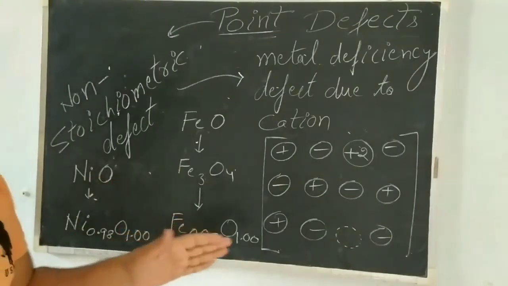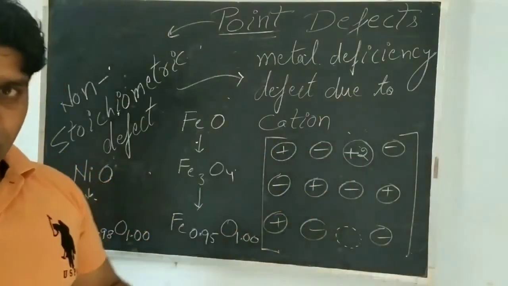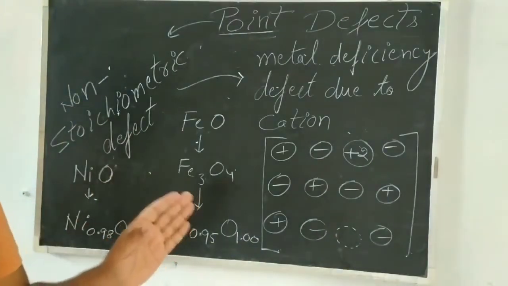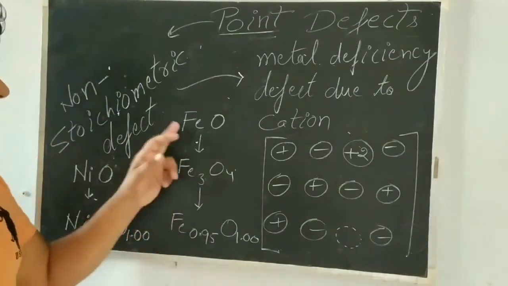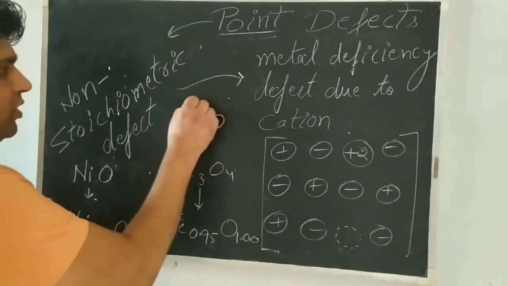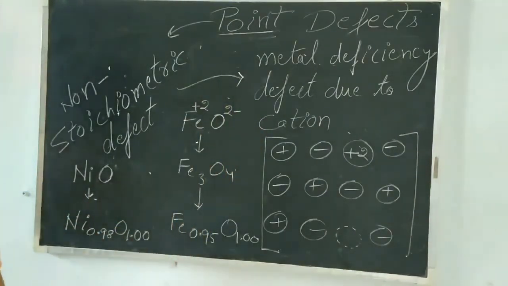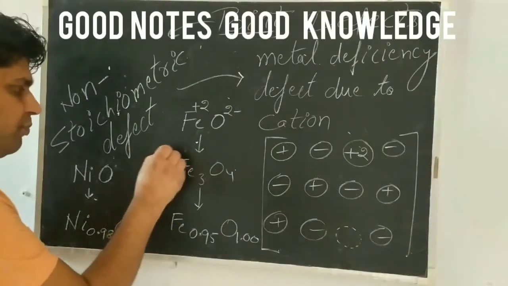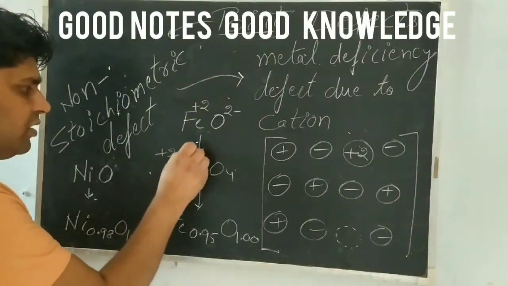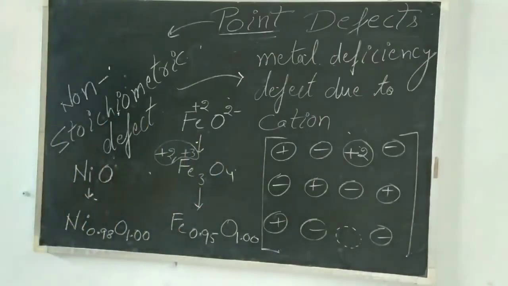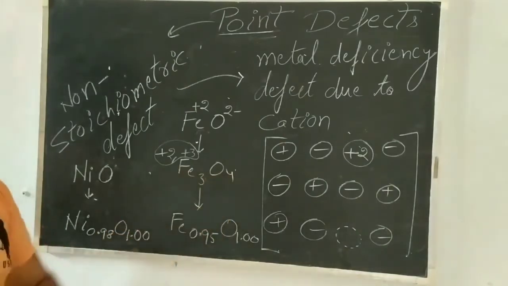In this defect, a higher valency cation displaces a lower valency cation and causes the defect. For example, iron oxide, FeO. It consists of Fe2+ and oxide ions 2-. When a mixture of +2 and +3 ions exists in the crystal, it becomes defective and forms Fe3O4.